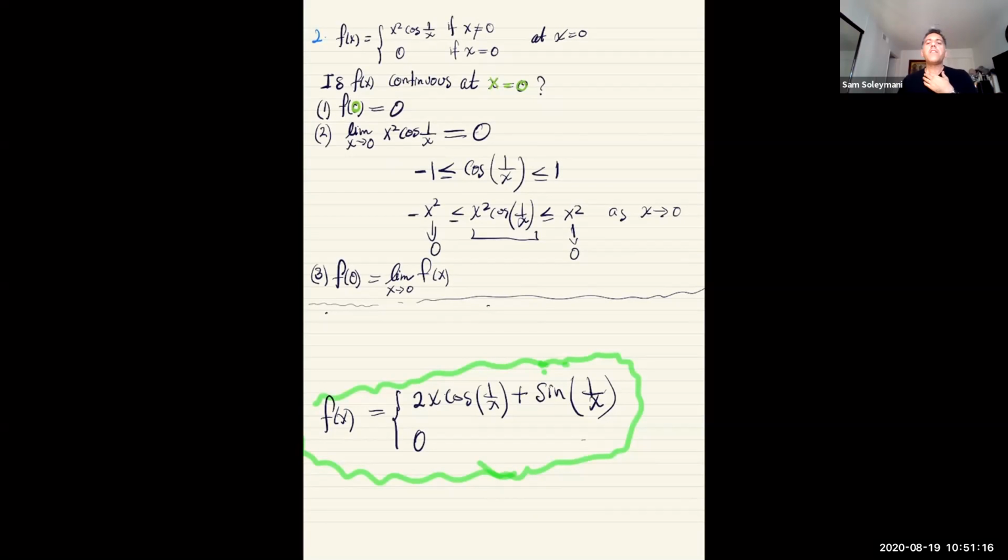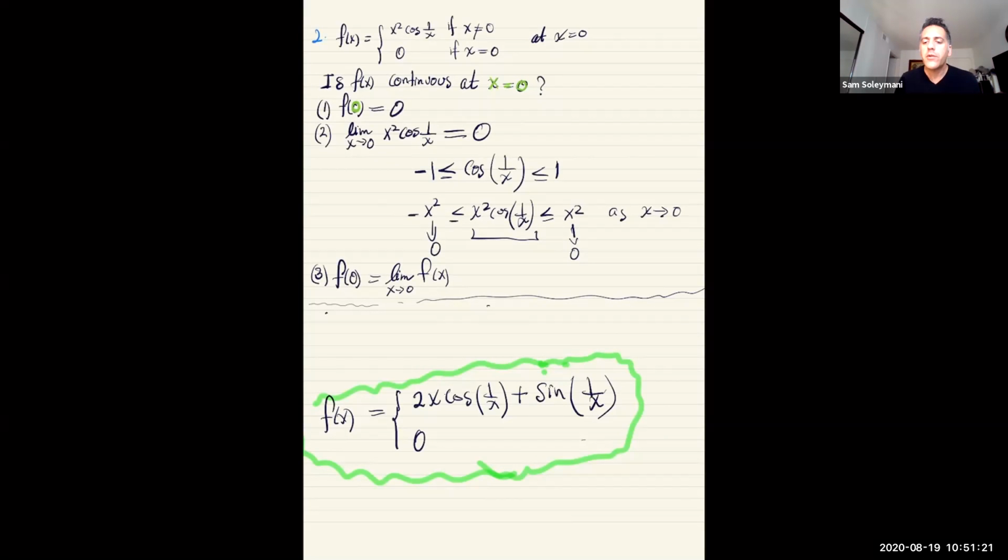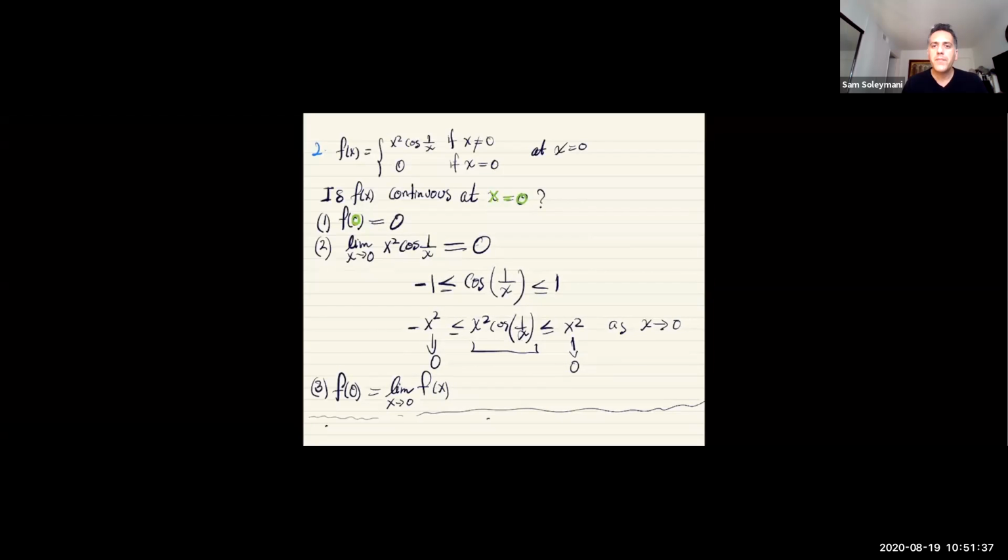Are you guys 100% familiar with quotient rule, chain rule, and all that stuff? Is there anybody here who wants me to go over chain rule, quotient rule, product rule? Maybe briefly, just to get a refresher. Yes, for sure.